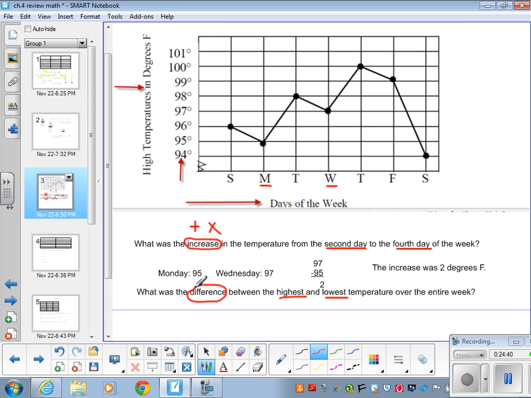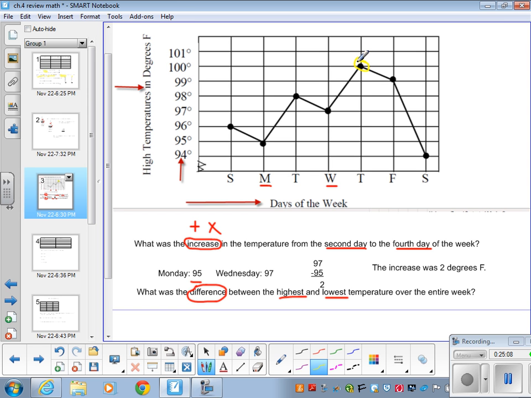Difference, what operations does difference mean? You're correct. Subtract. Let's see. So now I have to find the highest point, the highest temperature. The highest temperature is the number that's closest to the top. Let's see. As I connect the dots, this number is the highest.